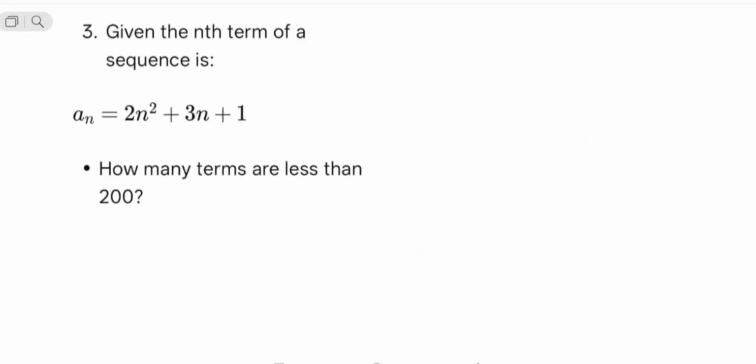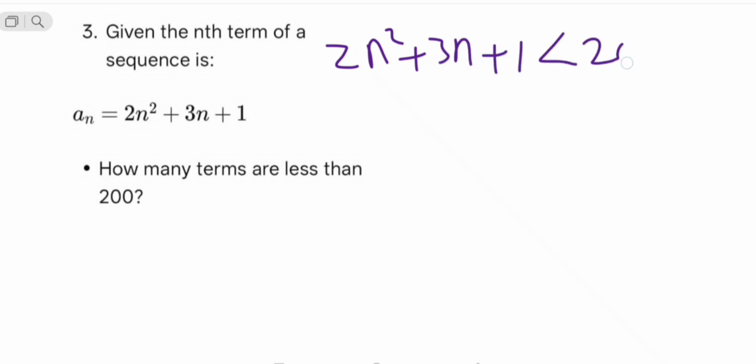Now this is the last question. Third question, they gave us the nth term. They're asking how many terms are less than 200. I mean, the first term, second, then we will reach up to what term? The term should be less than 200. So it means 2n square plus 3n plus 1 should be less than 200.